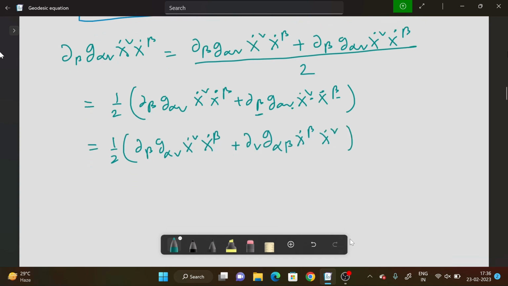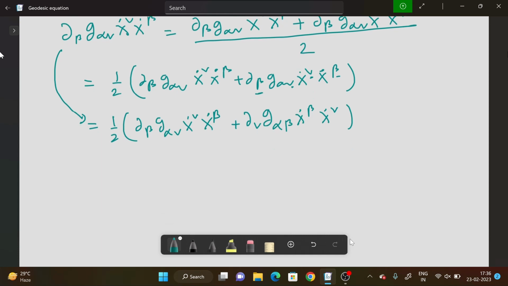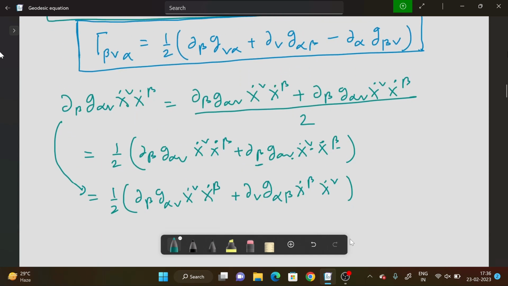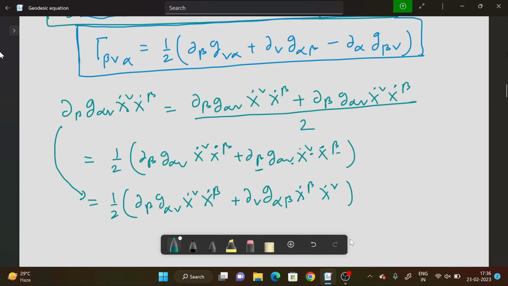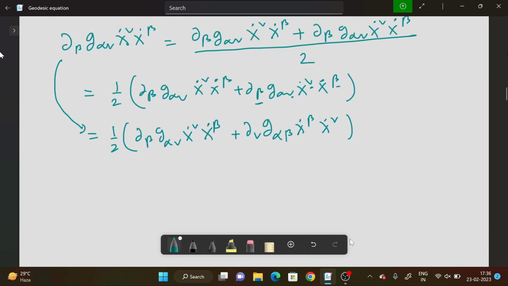So you see, these two equations are essentially the same, but the form has changed, right? And this is going to help us a lot, as you'll see later on. So now with this sort of manipulation, let us first simplify this, right?